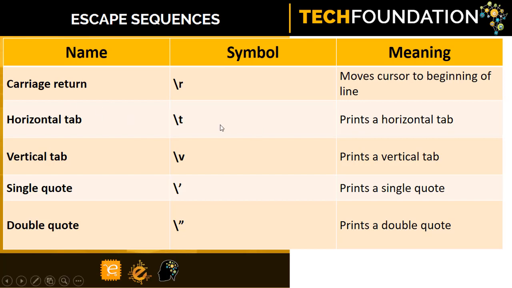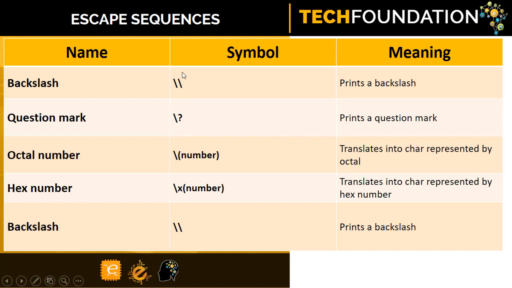We also have \t for a tab, \v for vertical tab, \' for single quote, \" for double quote, \\ when you want to print a backslash, and \? when you want to print a question mark. You will later find out that most of these are actually not working as they are supposed to, but the few that actually work, I'm going to demonstrate.